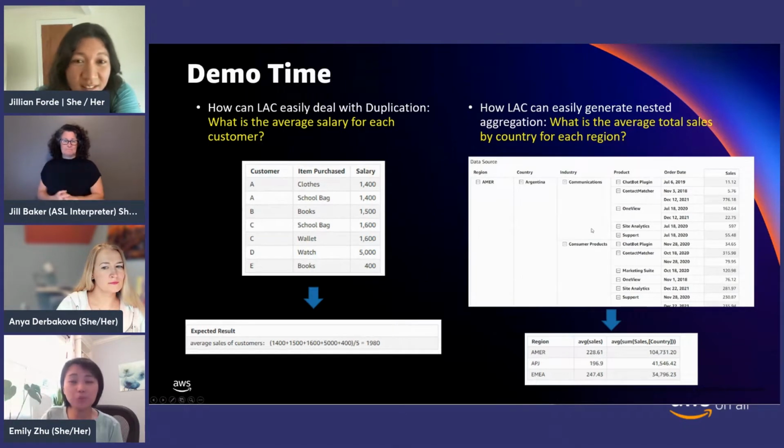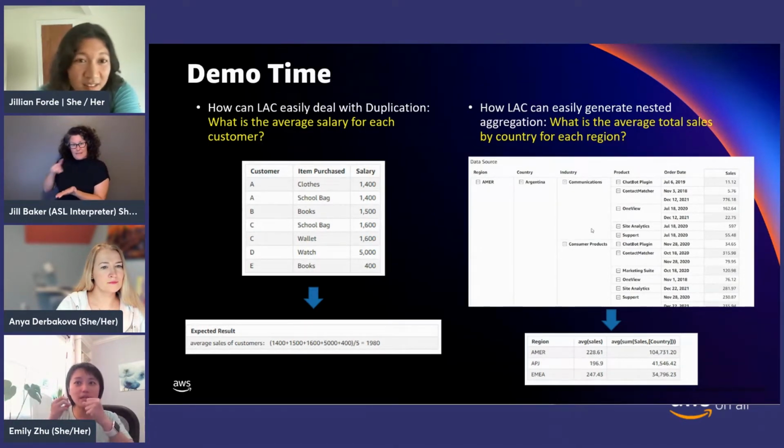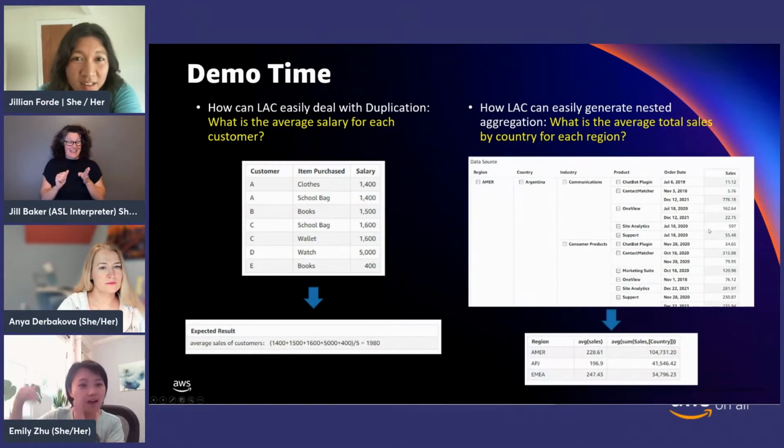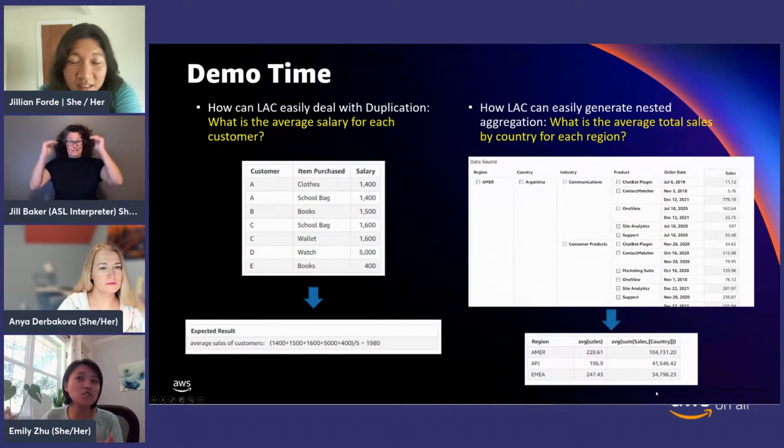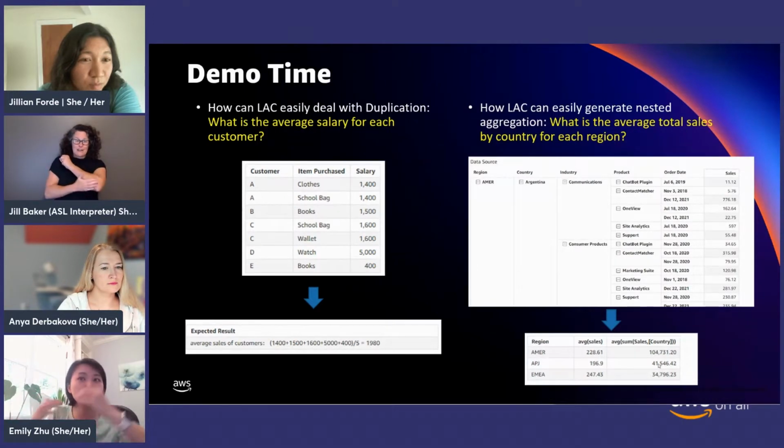And then the second problem Feng is going to talk about is that nested aggregation is needed. You see that the raw data is at the order date, transaction level. The data is at a lot of levels. But what if the customer just wants to see the average sales by region, but it's the total of country sales and the average by region.